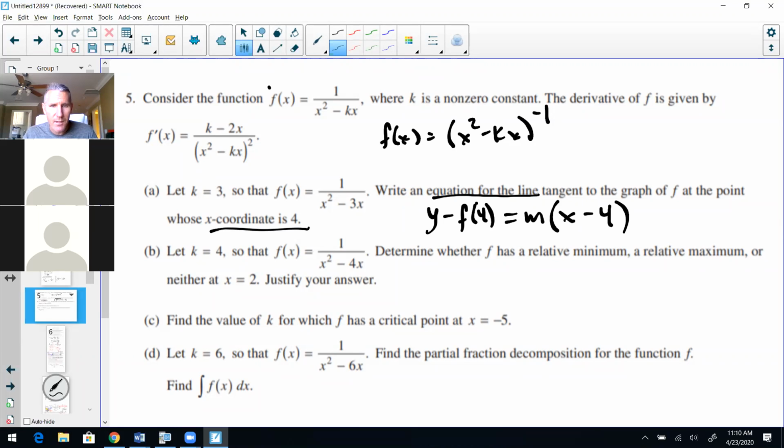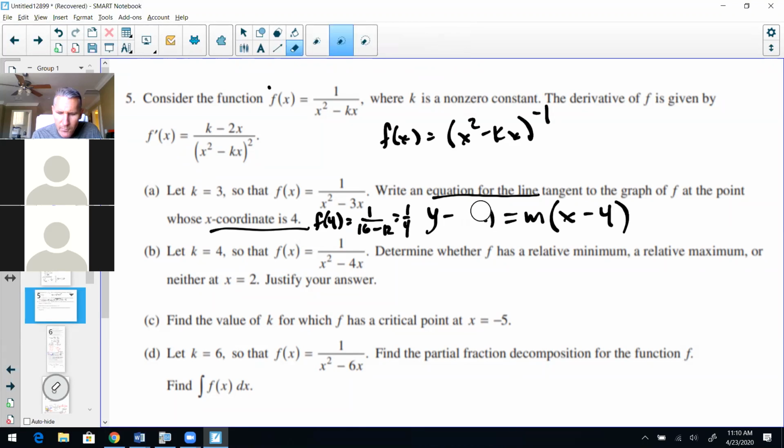So f of 4 is just equal to 1 over 16 minus 12, which is 1/4. Do you guys see that? So instead of f of 4, I'm going to plug in 1/4 for that. So far, it looks like this.